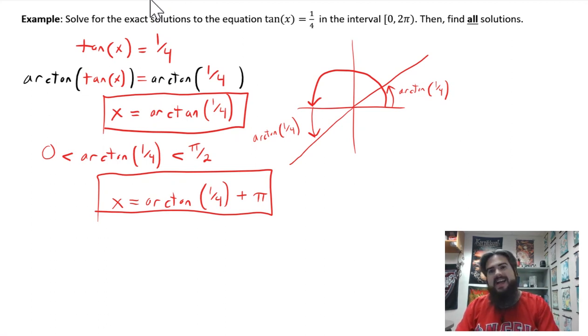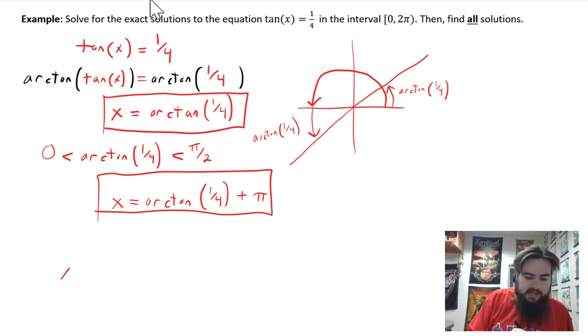We are then also tasked to find all solutions that work. So what that means is, well, arctangent of 1/4 is one correct answer in quadrant 1, but we could consider any coterminal angle measure to that as well, which means typically add 2 pi k.